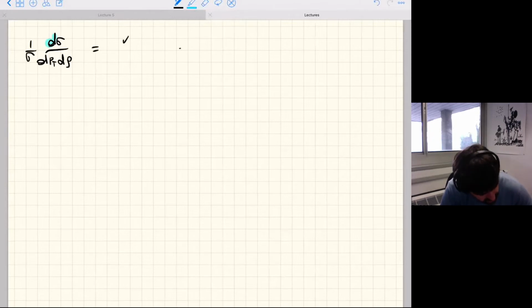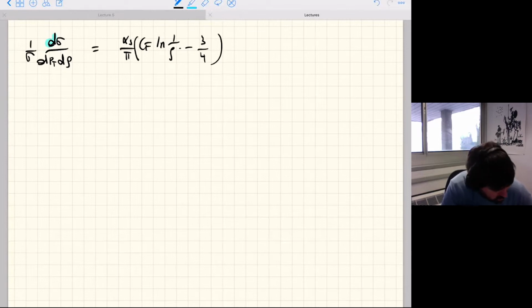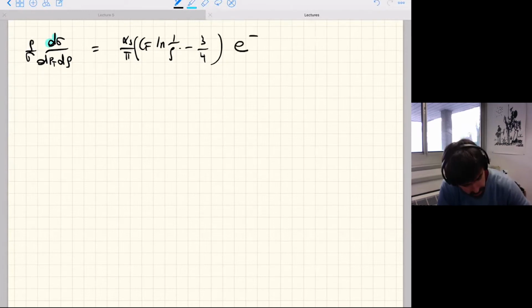Well, I want an emission that sets the mass. So this we calculated already. That's the probability for one emission. Let me do it for rho times sigma. And then I have my Sudakov exponent.